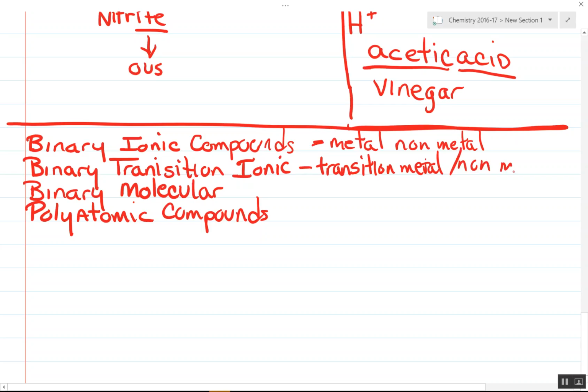Non-metal. These are non-metal combinations. And these are metal.